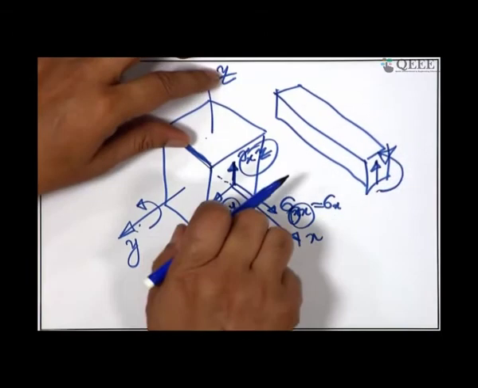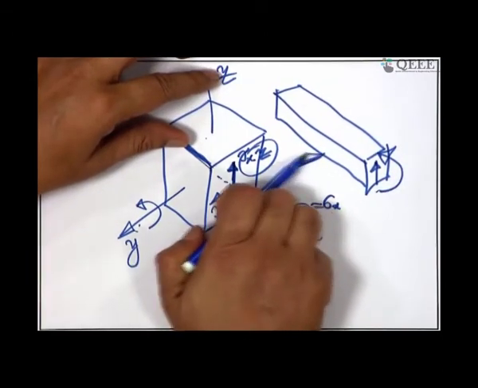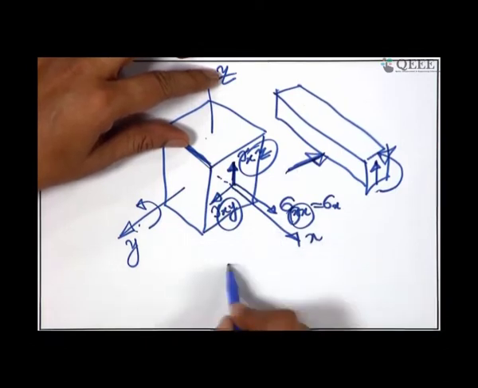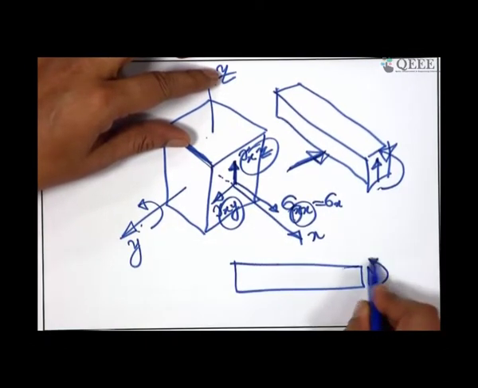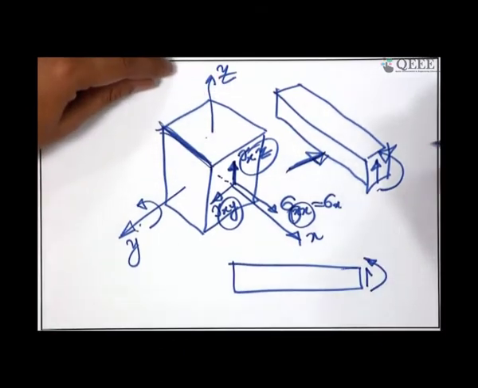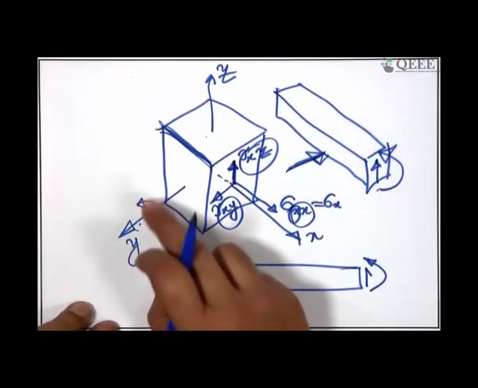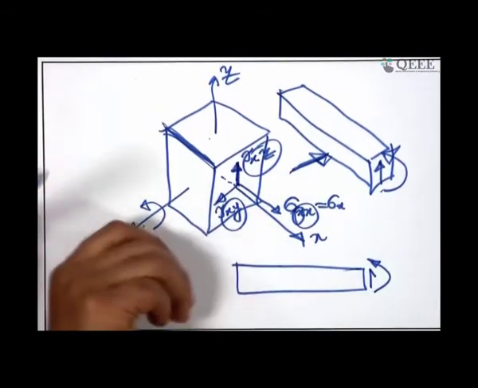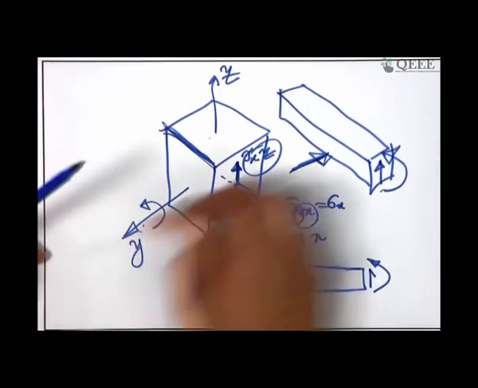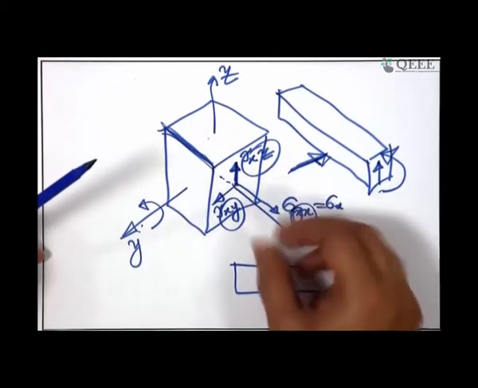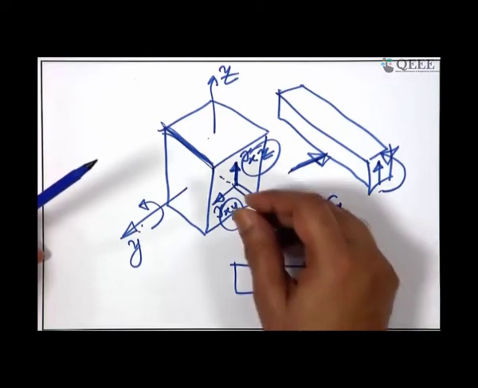Now, looking from this side, if you draw the beam once again, you have a shear force here and a bending moment here. If you agree with the positive, this is the famous right handed rule. It is a screw, so if you unscrew it in this direction, you come out of it. So, this y is the positive direction. If you unscrew, you come out in this direction.